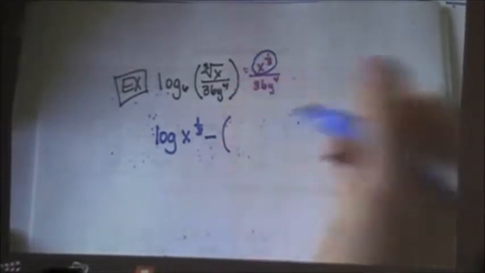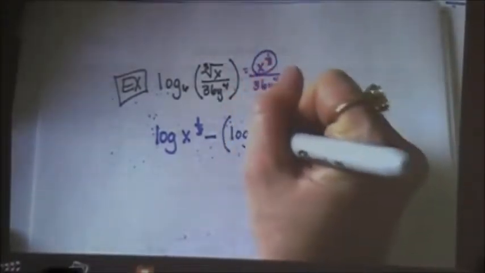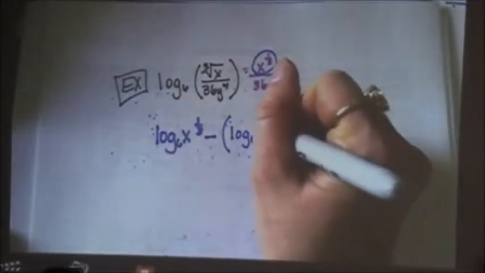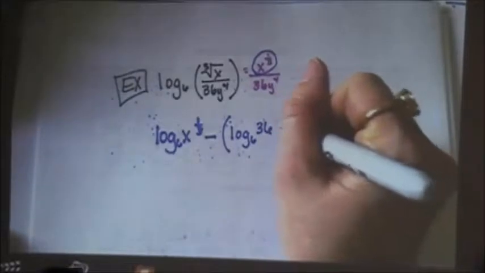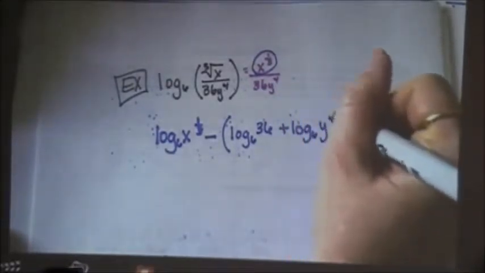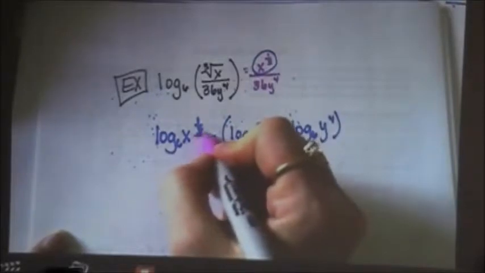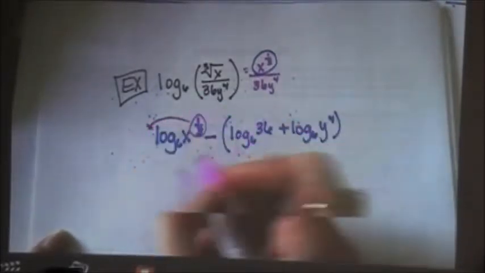I'm going to have to subtract from that the bottom piece, which is log, oh sorry, this is all log base 6. Log base 6 of 36 plus log base 6 of y to the 4th. Now I want to fix anything that I can, and again I have exponents which will be moved to the front by power rule.